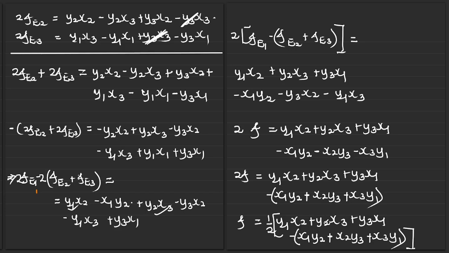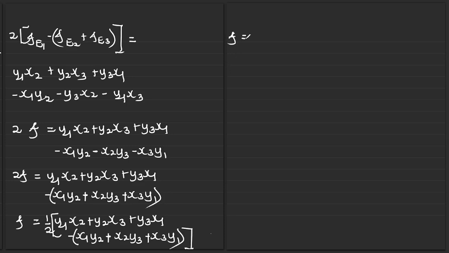So the formula can be rewritten as A, which is the area, is equal to 1 over 2, then the absolute value of x1 y2 plus x2 y3, then plus x3 y1, minus, in brackets, y1 x2 plus y2 x3, then plus y3 x1. That is all.